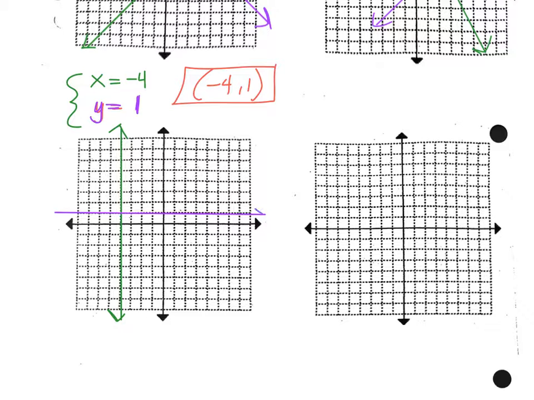So that's there, right? Your y value is always 1. So your solution is this point, which is the point (-4, 1). So if you have a horizontal and a vertical like this, it's a pretty quick solve. Questions on that?